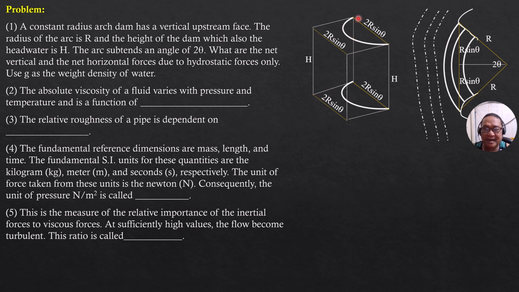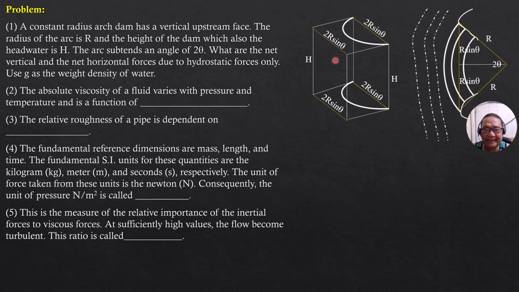Remember, the arc has a vertical face. So this is the water side. It compresses the arc, so that's why it's strong against compression. And the end of the arc is embedded in a rock, mountainous rock here, which serves as the support. So this is again the vertical projection of the arc.